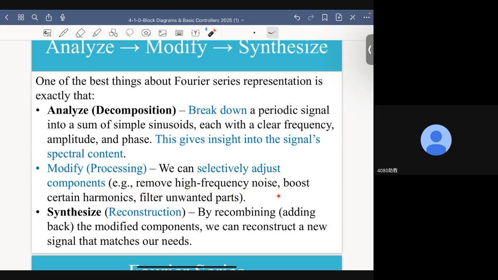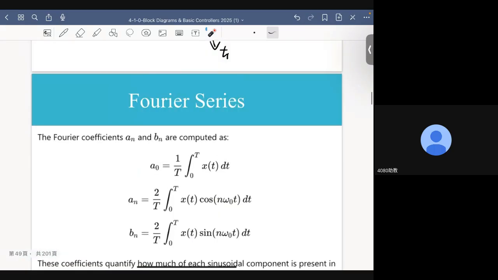For example, boost certain harmonics, because let's say you are listening to music and you are a big fan of rock and roll and you prefer big bass, bong, bong, bong. So what you need to do is adjust the low frequency harmonics, all right, to make, let's say, A_n, B_n larger for smaller n, okay?